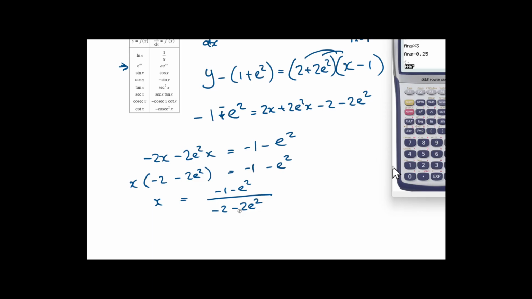So brackets negative 1, negative e squared, it's e on these calculators, divided by brackets negative 2, negative 2e squared, close brackets.